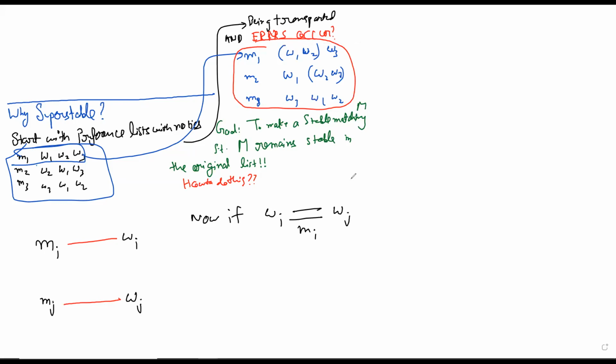Okay. But when could it become a problem in the original list? So when could these edges end up having a problem?